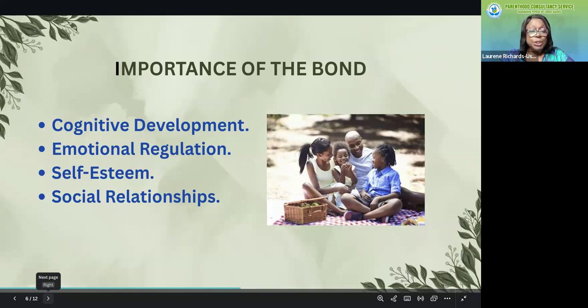Next, the emotional regulation. Securely attached children are helped to manage their stress and emotions better. So you find that a child who is emotionally attached to their parents and has a good bonding with them knows exactly how to regulate their emotions.